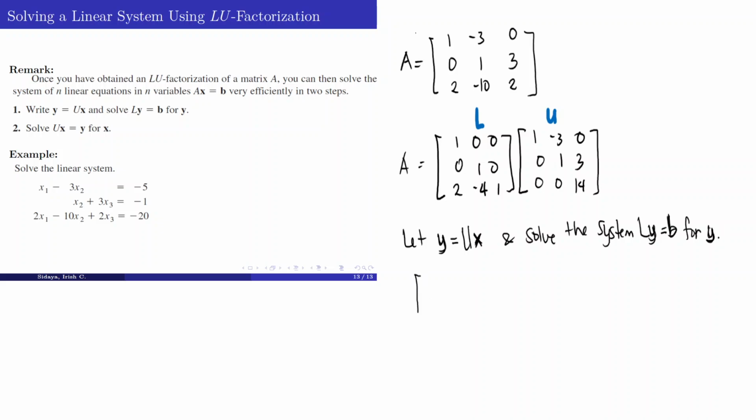So we have the L here, we have [1 0 0; 0 1 0; 2 -4 1], and then we multiply it by a column matrix y. So we have y sub 1, y sub 2, then y sub 3. Now let us equate it to b, which from the given system is negative 5, negative 1, negative 20.